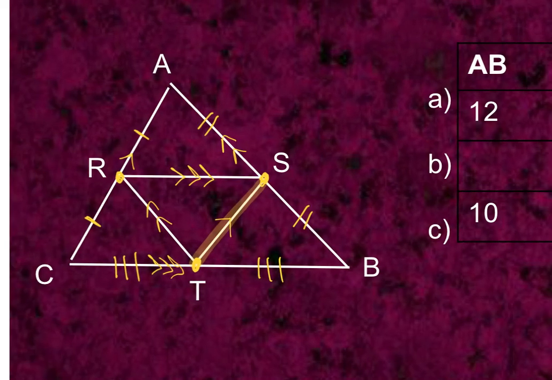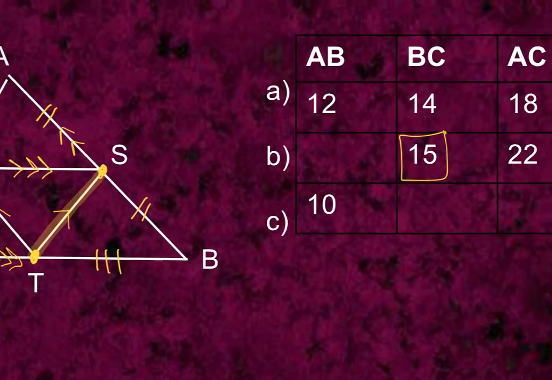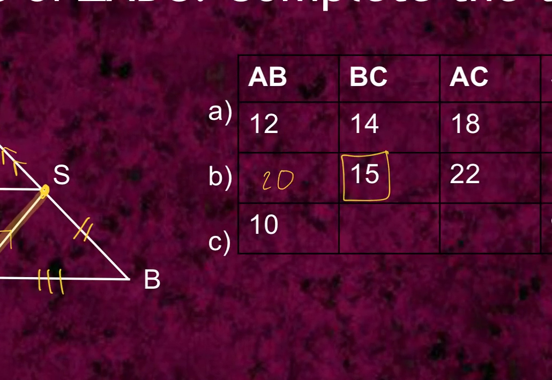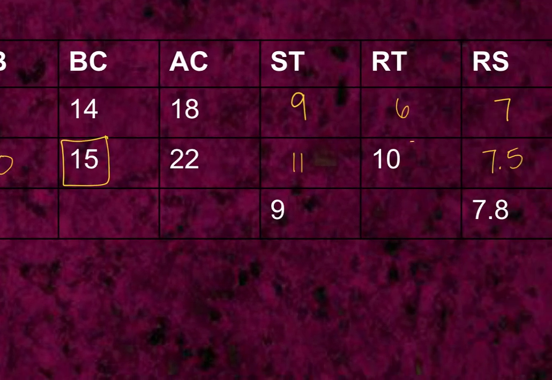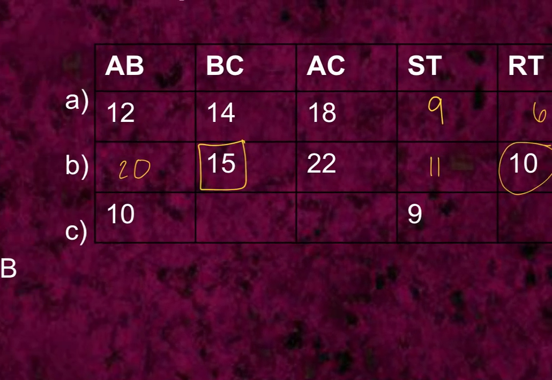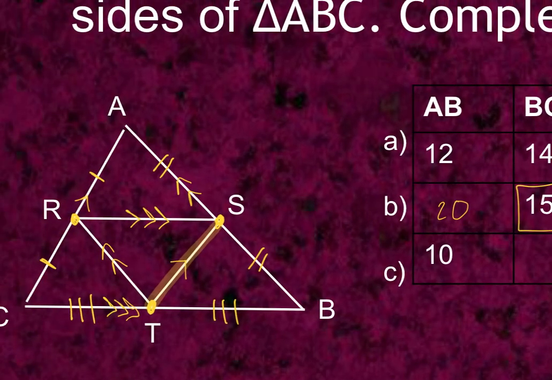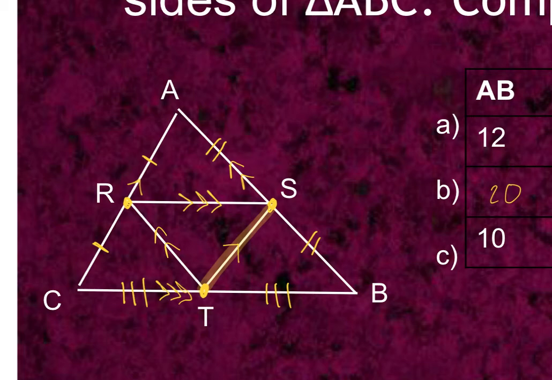If RT is 10, what side of the triangle do we now have information about? AB. So if RT is 10, AB is going to be 20. You see how it changes? When it gives us a mid-segment, Teresa, you have to double it to get the side. Do you see it now? Okay, so let's try AB.